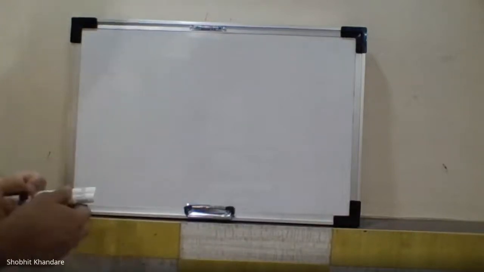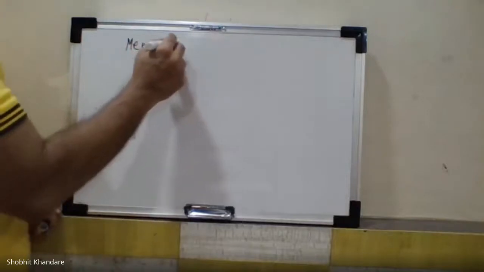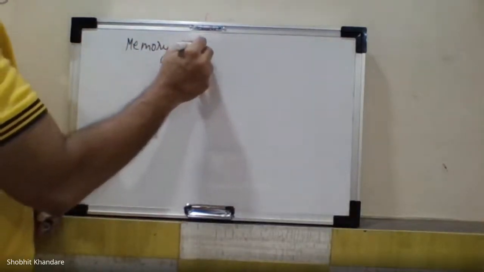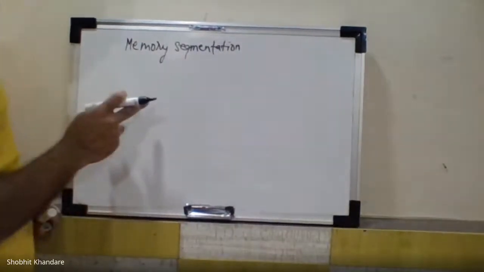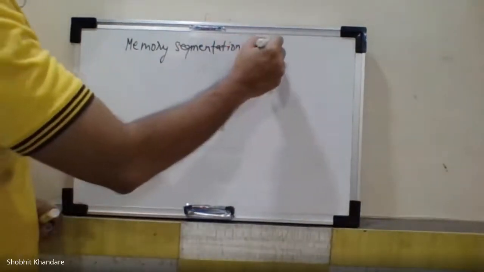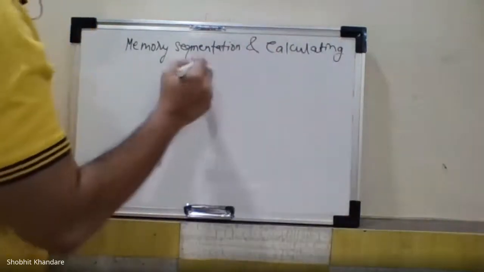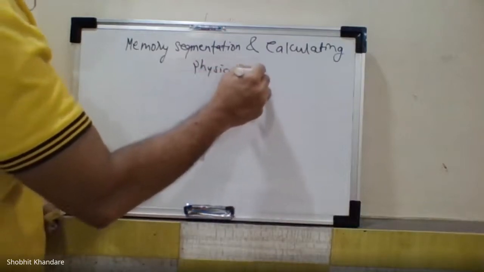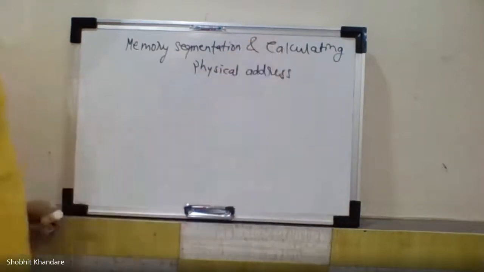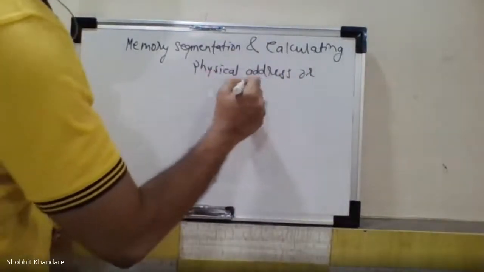So all of you please write down the heading: memory segmentation and calculating physical address, or physical address is also called the effective address.